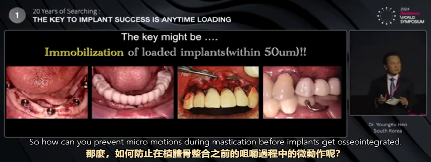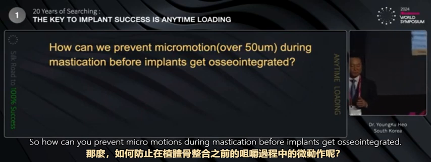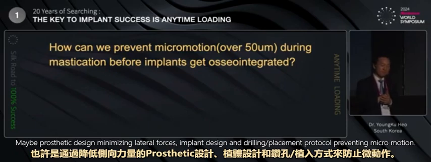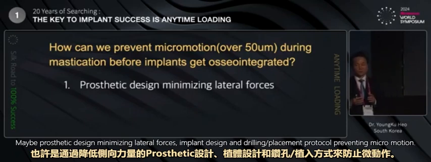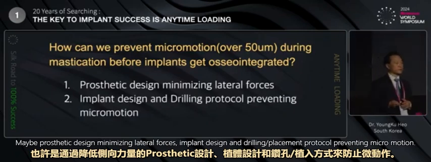So how can you prevent micromotions during mastication before the implant gets osseointegrated? Maybe prosthetic design, minimizing lateral forces, and implant design and drilling protocol and placement protocol preventing micromotion.